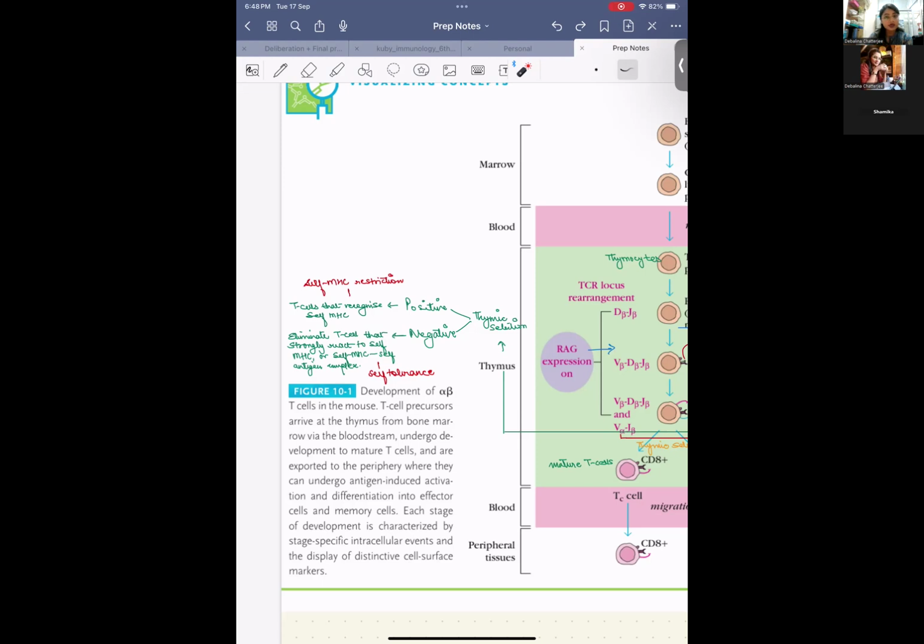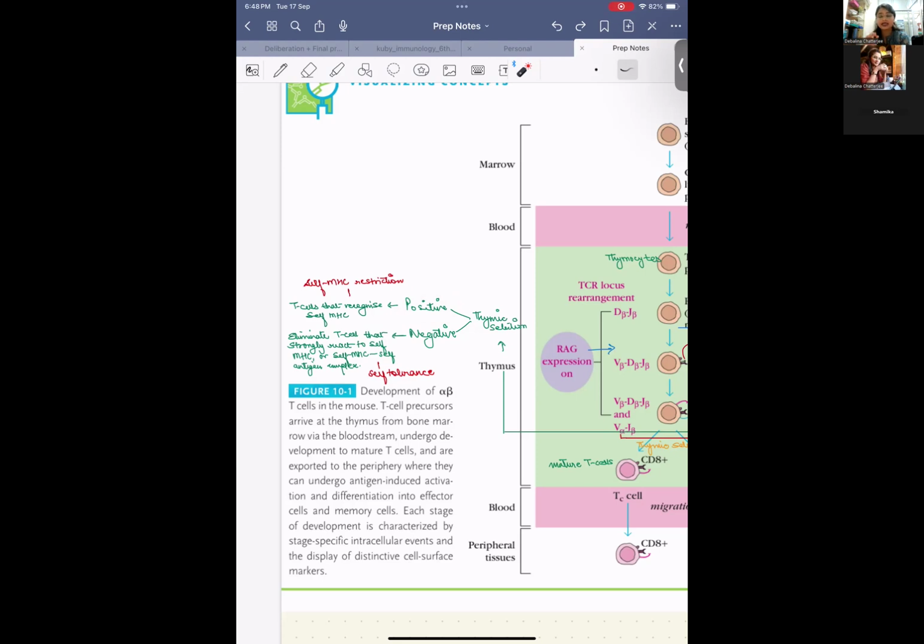So that is coming into play because of the positive thymic selection that happens for the T cells that can only recognize antigens that are being presented by self-MHC molecules.